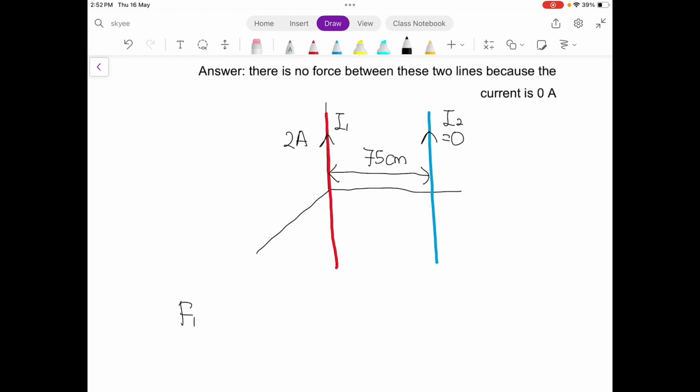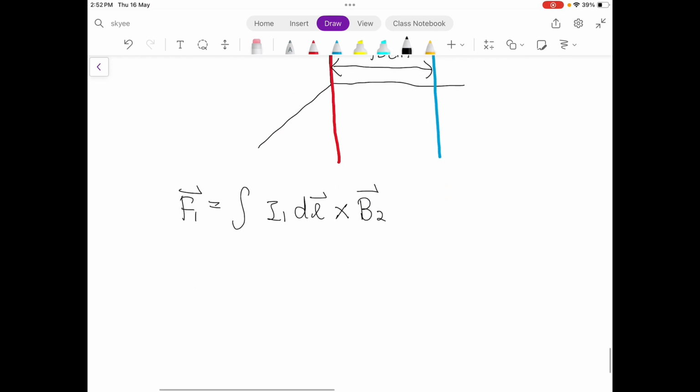So for the F1, this is the force acting on the I1 due to the magnetic field that is generated by the I2. In order to generate the magnetic field, you must have the I2. Am I right?